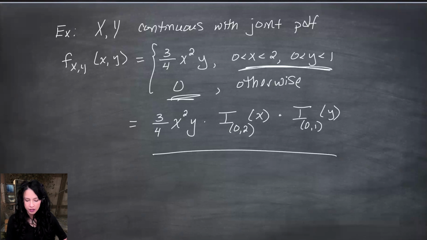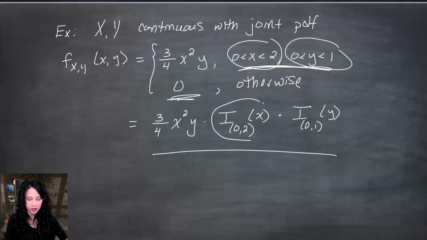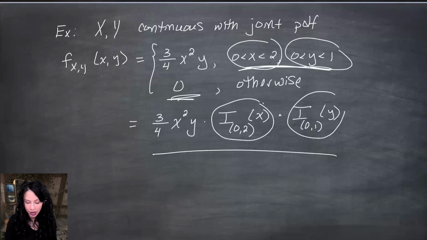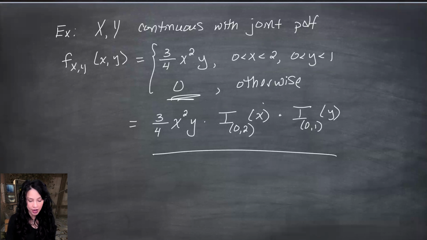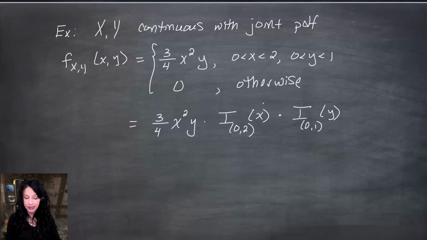So if x falls outside of this interval, or y falls outside of this interval, that means this indicator is going to be 0, or this is 0, or maybe they're both 0. But when they're both 1, that means that both of those properties are holding, that we're in the right region for both x and y. So this is how we can rewrite this with indicators.